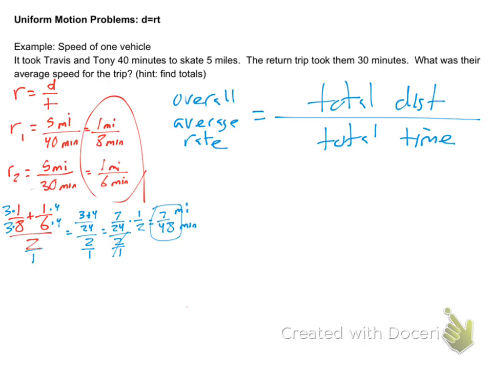What this does, guys, it ignores the fact that there are individual distances and times or individual rates, and it says we got to lump it all together.